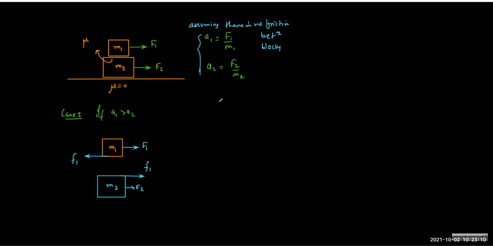You will still get the answer with the opposite sign, a negative sign will come into the picture. So when you assume friction randomly without thinking much, and the answer for friction comes out negative, it means you assumed the wrong direction. It should have been opposite.